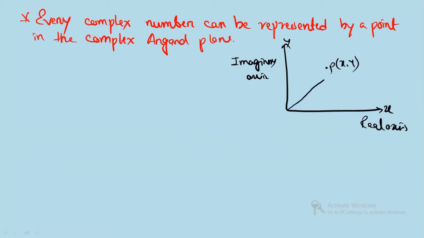When I talk in polar form, in polar form you will have this is theta, this is r. This is O, the origin. Here OP is the radius vector. Theta is the angle made by the vector OP with the real axis, and r is the length of the radius vector.